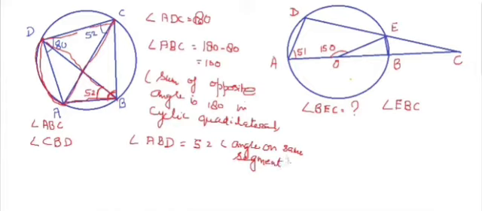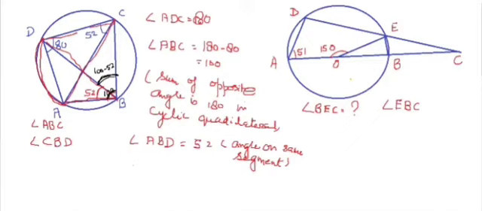Now if angle ABD is 52, we can find out this angle. This total angle is 100. So this angle will be 100 minus 52.